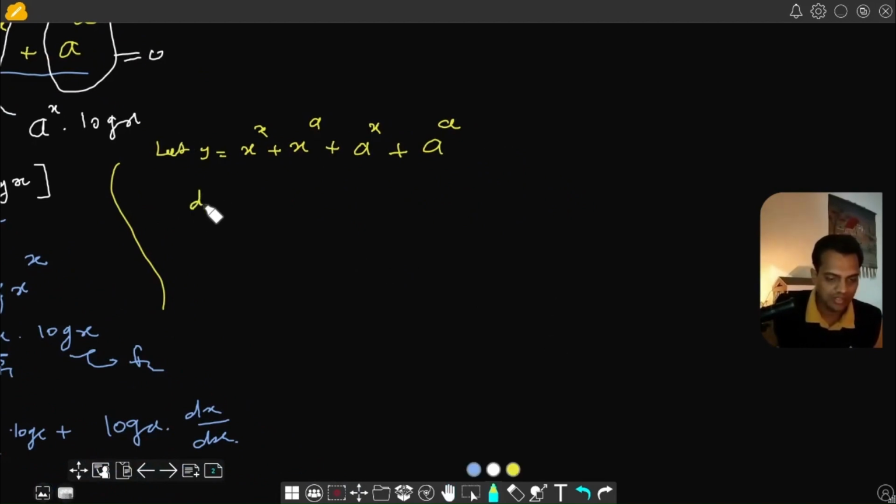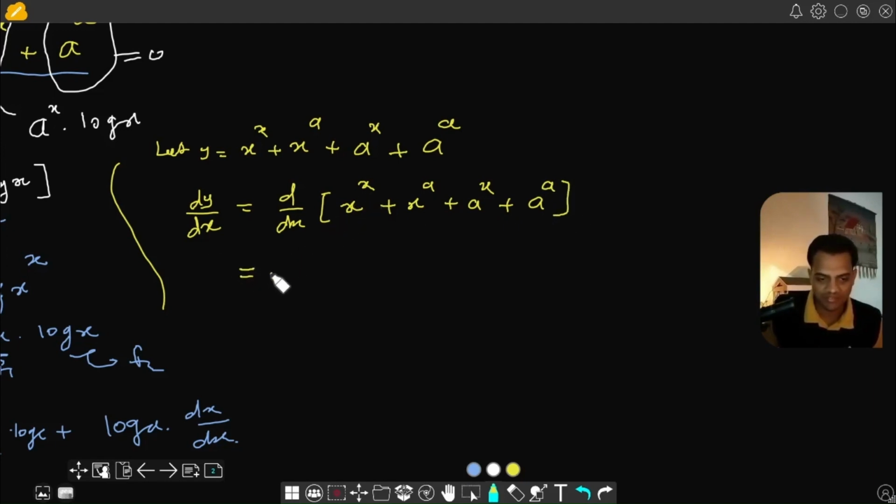So dy by dx is equal to the derivative of this expression with respect to x. Now the derivative of x raised to x we have calculated earlier: x raised to x into 1 plus log of x.